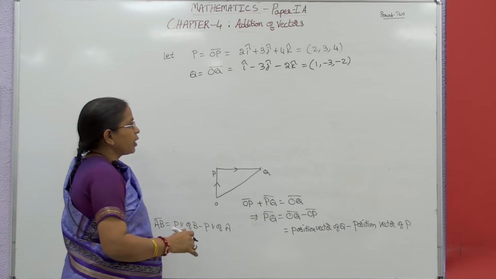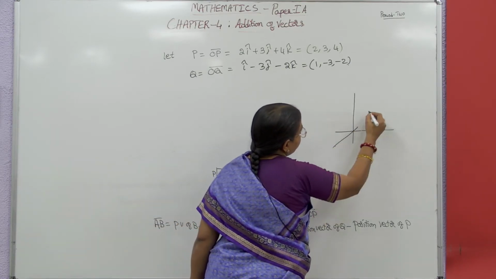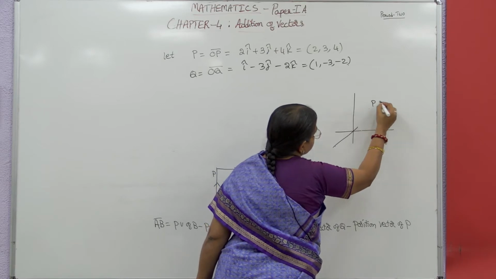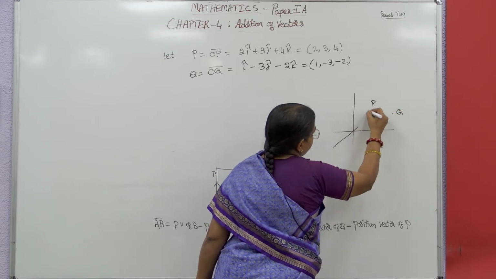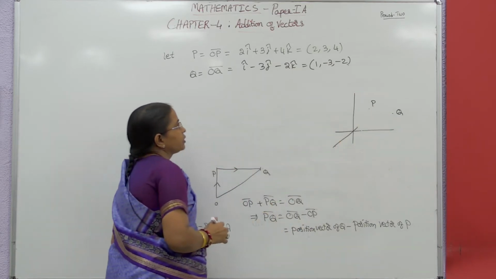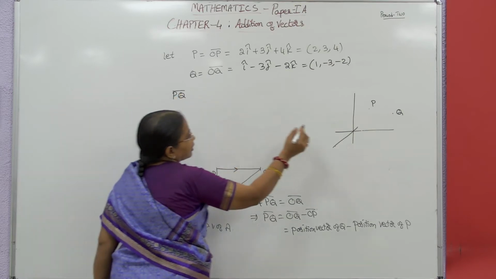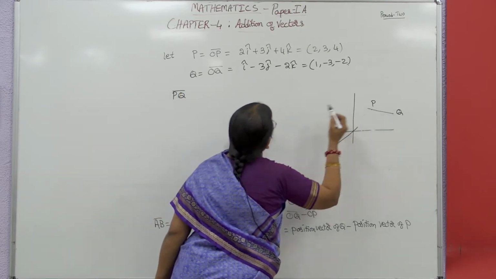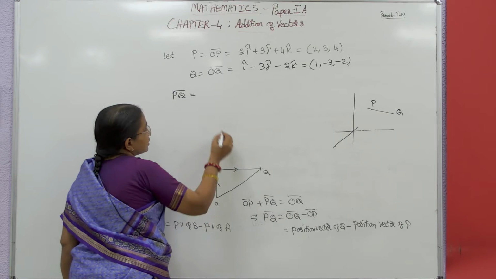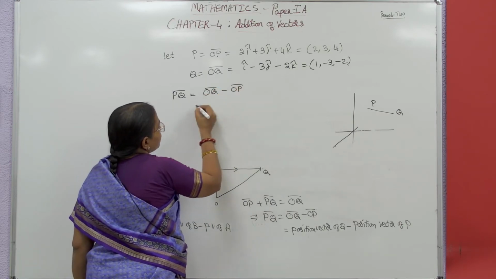These two are points. Now in the coordinate plane, you have two points P and Q. So that means OP is this and OQ is this. Now I should find the PQ vector. According to this, it is OQ minus OP.